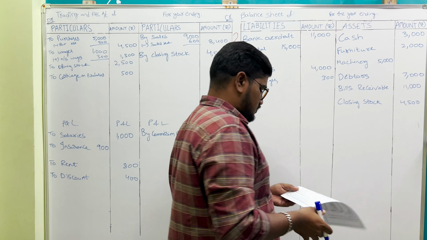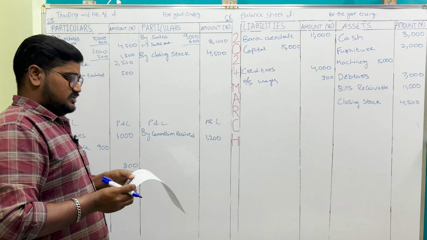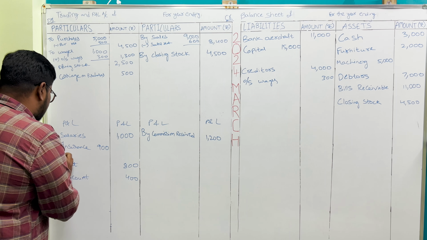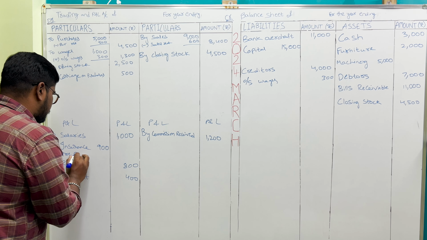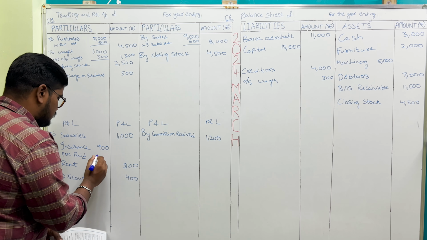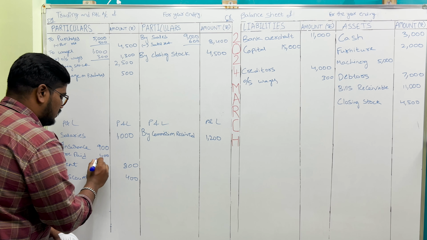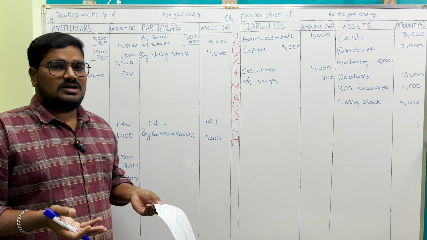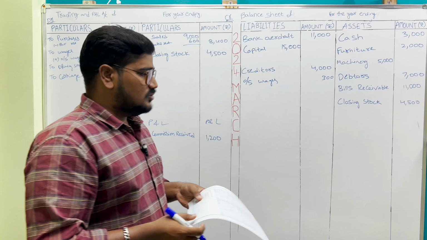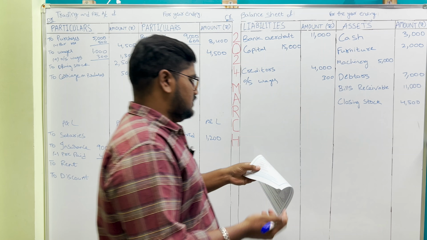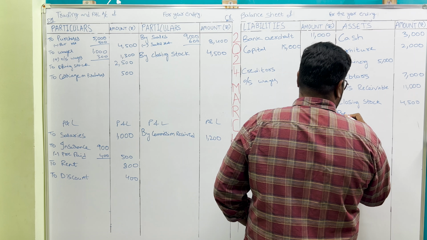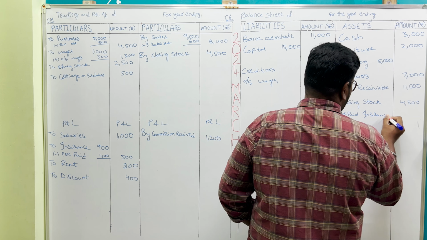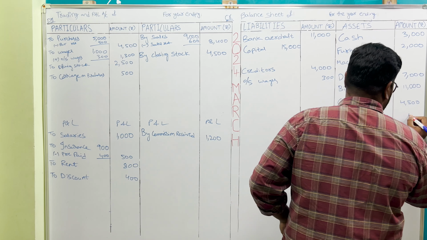Third adjustment, prepaid insurance. Prepaid means we have already paid, then we need to deduct. Prepaid insurance minus prepaid. From insurance we are going to deduct prepaid minus 400, difference in the outer column 500. Prepaid is nothing but an asset. Outstanding is nothing but a liability. Prepaid insurance 400.